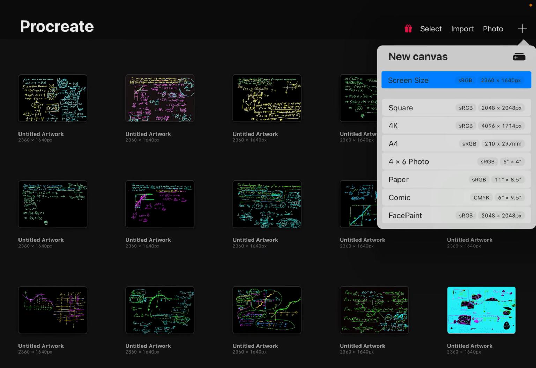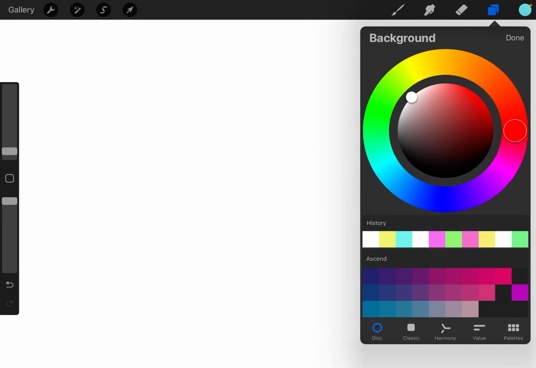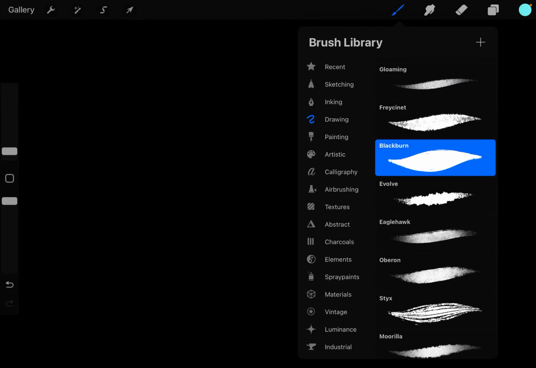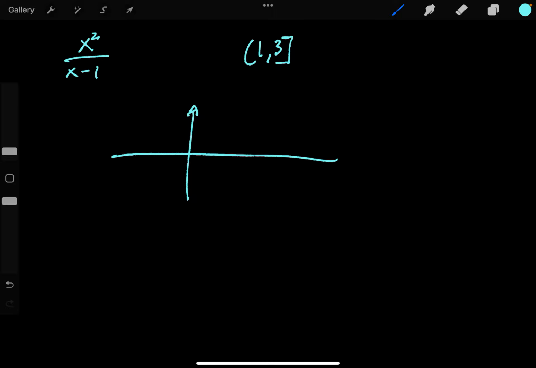Okay, so let's get further evidence for what's happening here. Let's make good conclusions. Take your time with stuff like this, because it's weird that they isolated this 1 from this interval. So I have the interval 1 to 3 here, and the function x squared over x minus 1. Near 1, as I approach 1 from the left, it's actually spiking down towards negative infinity.